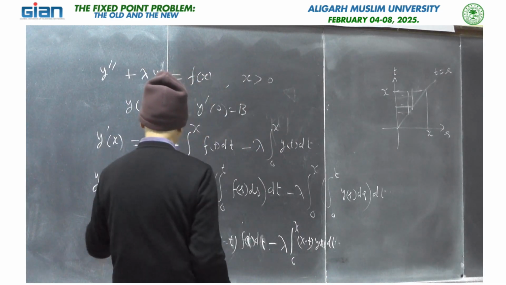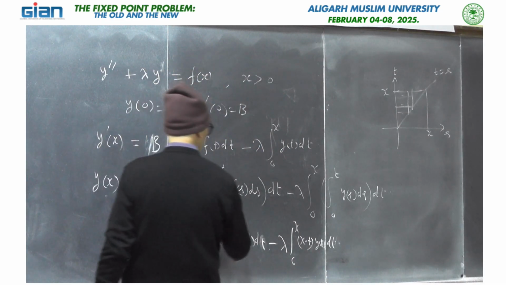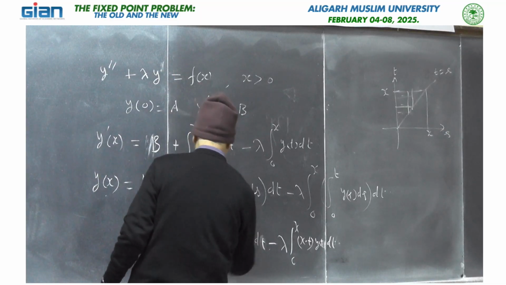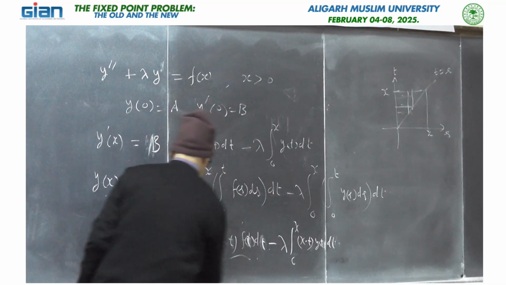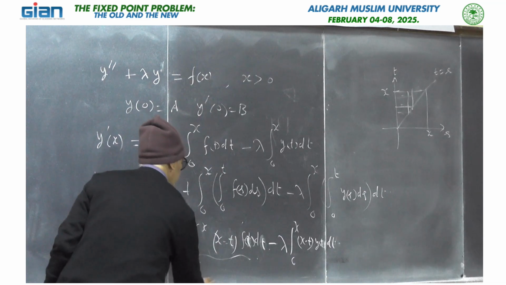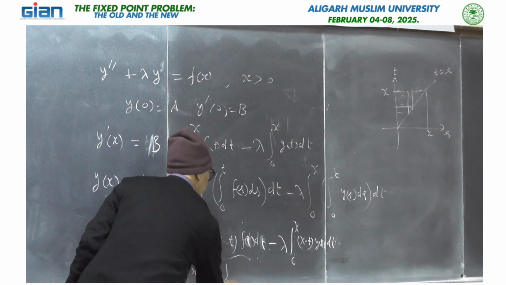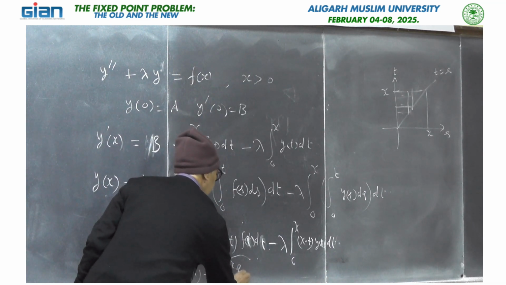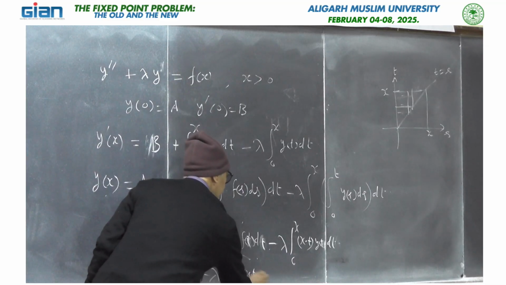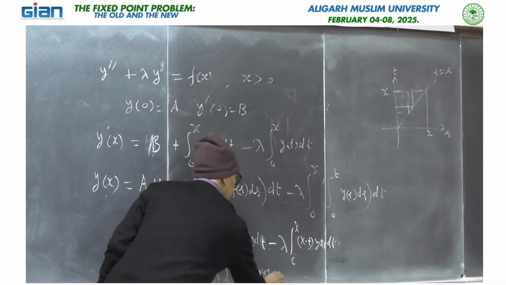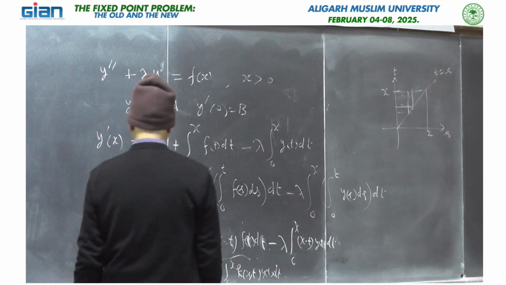Okay. So, here this f is a known function. So overall this is some function g(x), and then minus lambda times the integral from 0 to x of some kernel k(x, t) y(t) dt. Okay.